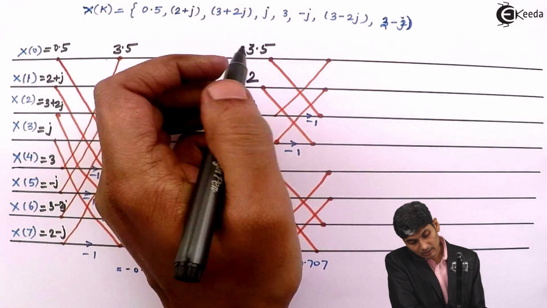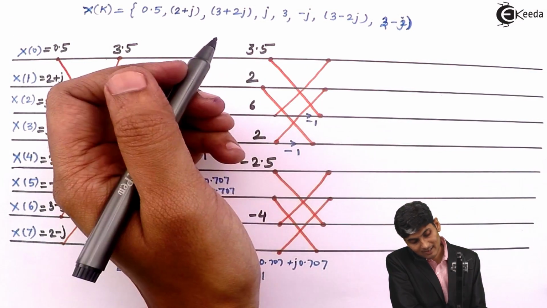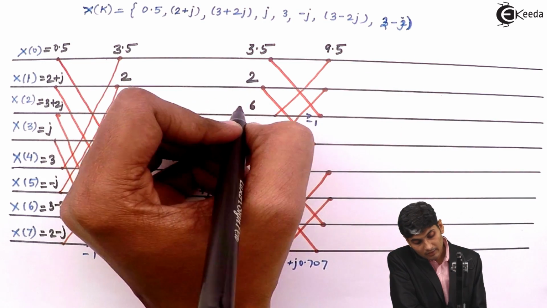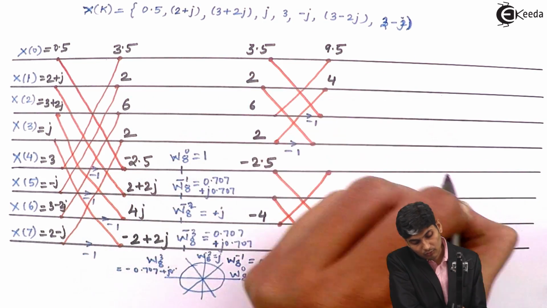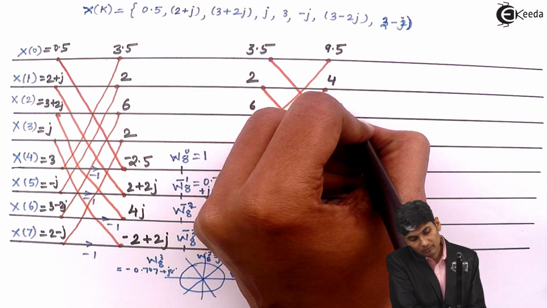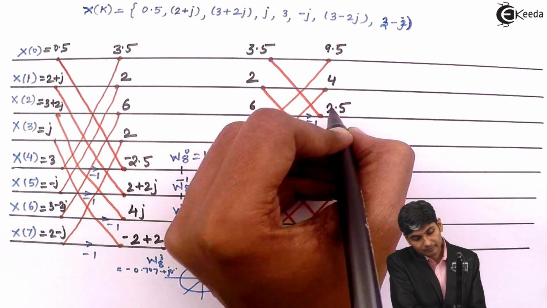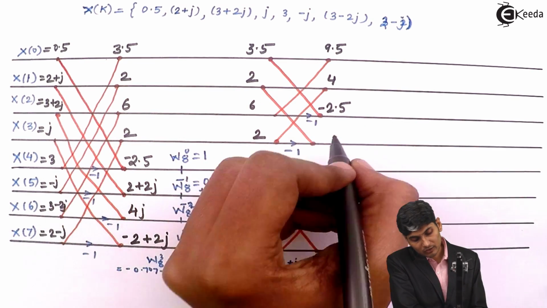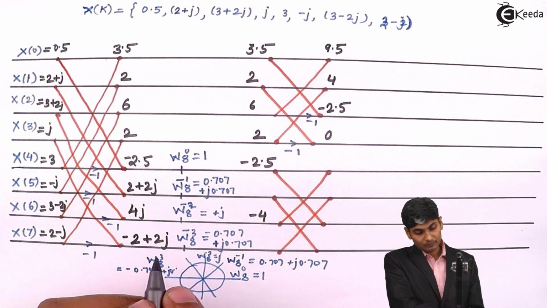And now I can multiply as 3.5 plus 6 becomes 9.5. Then we have 2 plus 2 as 4. 3.5 minus 6 gives me minus 2.5. And 2 minus 2 gives me 0.